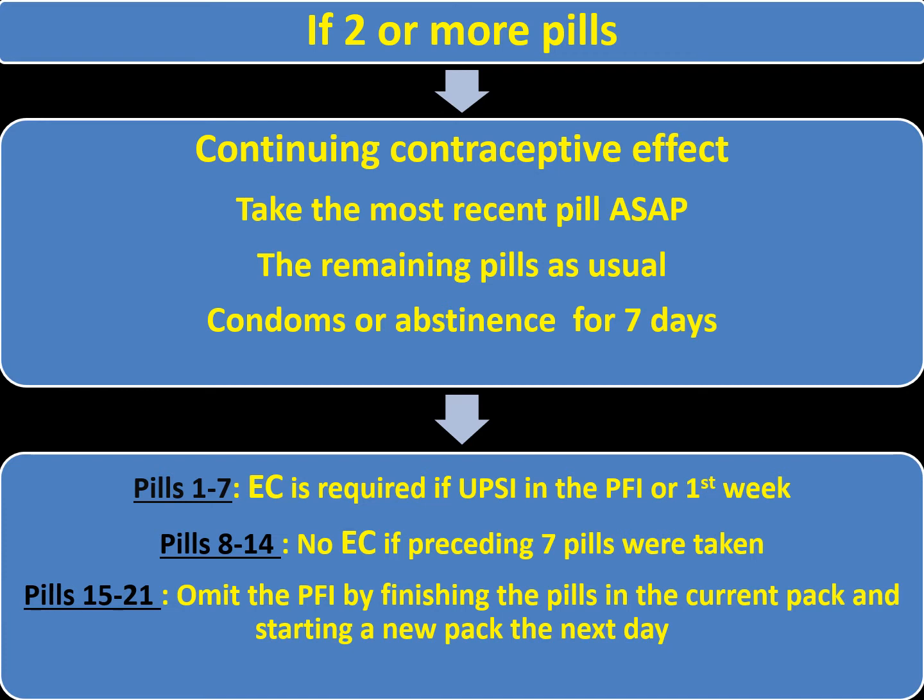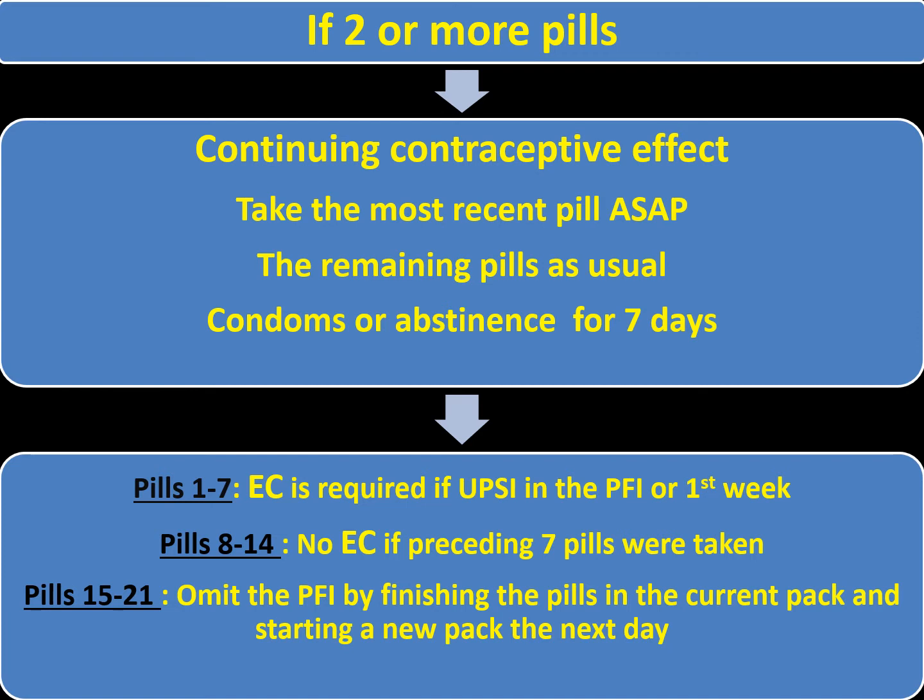Remember, I said combined pills are usually composed of 21 pills and a 7-day pill-free interval. The first 7 tablets are required to induce anovulation or to inhibit ovulation, and the other 14 are to maintain anovulation.